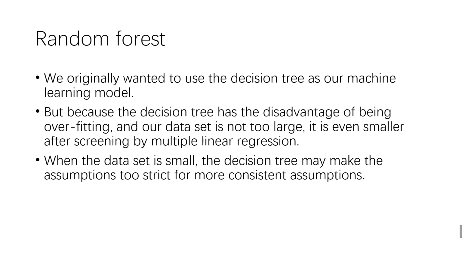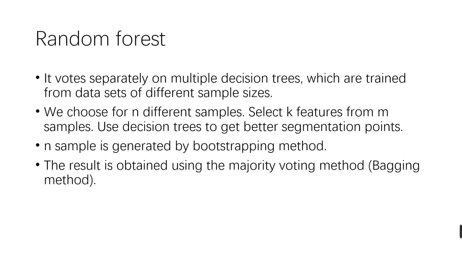Actually, we didn't want to do the random forest. We just wanted to do something like decision trees or maybe SVM or something else. But here we chose it because, if we use a decision tree, the data set is not too large, and it is even smaller after screening by the multiple linear regression. So we just choose the random forest to build a lot of decision trees.